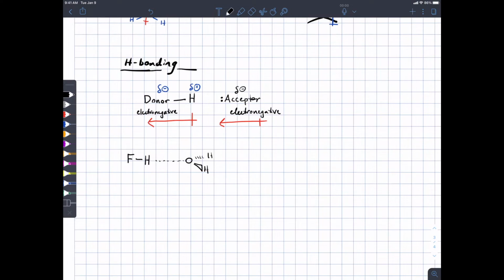You can have the dipole for the water molecule lined up with the dipole of HF such that there's a favorable interaction. You can draw it that way, or if you want, you can just put partial positive charge on the hydrogen and partial negative on the oxygen, or you can just draw the dotted line. Everybody sort of understands all of those ways of talking about hydrogen bonding.